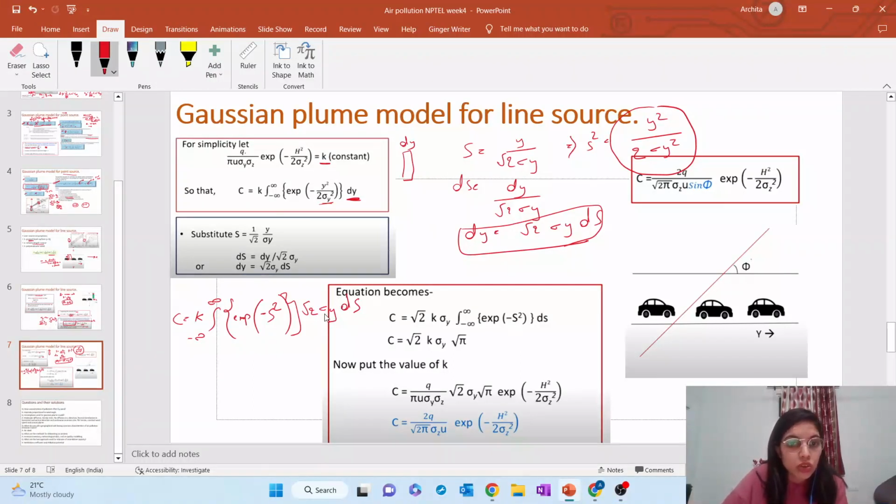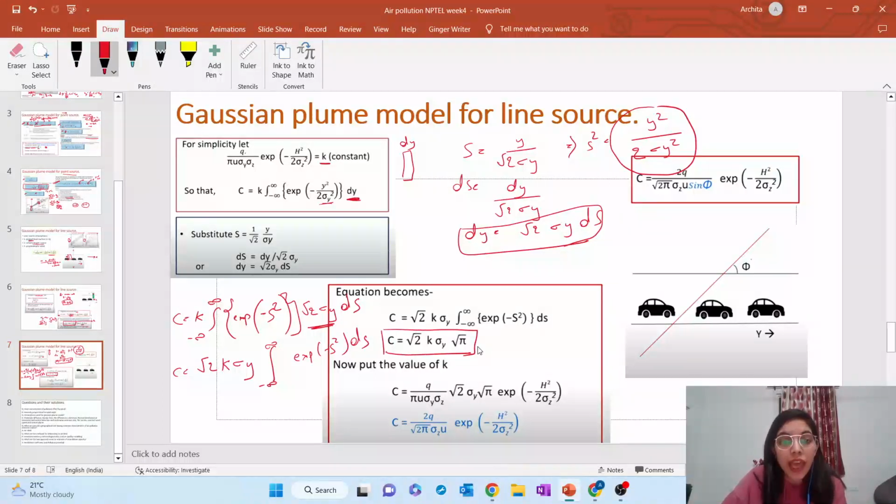Now these terms will not be affected by ds, so they put them aside, so it is root 2 k sigma y, and you integrate s from minus infinity to plus infinity, you integrate exponential minus s square. So your answer would be root pi, and then you put the value of the constant k, and your final equation to measure the concentration of a line source will be 2q upon root 2 pi.